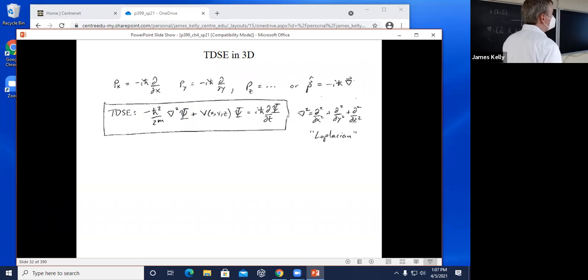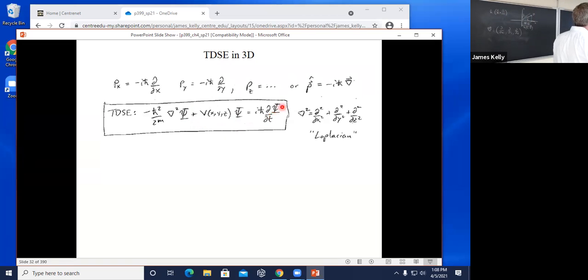And the potential here, we're going to make the assumption that we kind of did back in chapter 2, that the potential doesn't vary with time. It's a time-independent potential. But in principle, at least at the beginning, it could depend on all 3 Cartesian coordinates. Later on, we'll switch to spherical coordinates, and we'll make the assumption that in spherical coordinates, it might only depend on r, right, if we have a central potential.